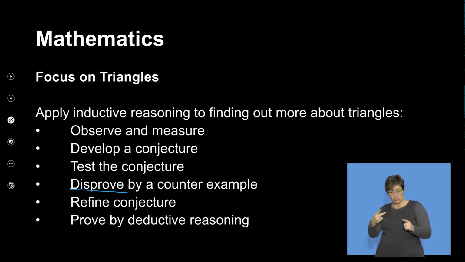Now, to refine it will then be to say, what can we now say that will make our conjecture be true without any faults or any conditions where it will not become true? And then we will prove it by deductive reasoning.